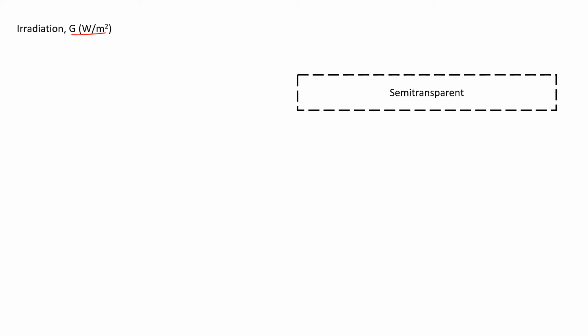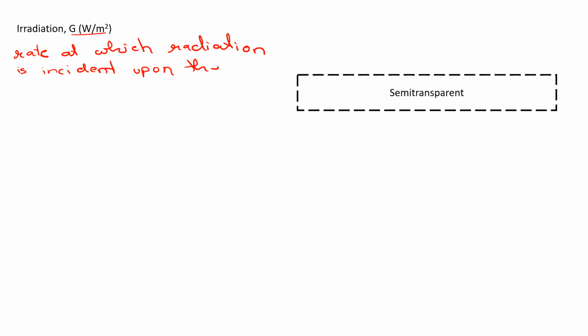Irradiation is denoted by G, or uppercase G, and the units for it is watt per meter square, and it's defined as the rate at which radiation is incident upon the surface.